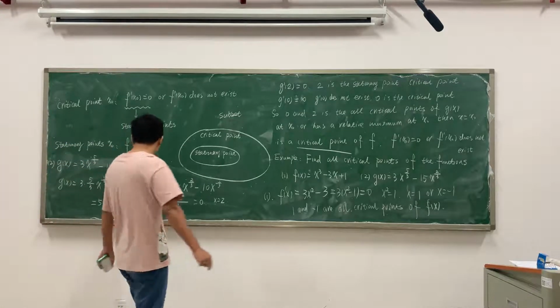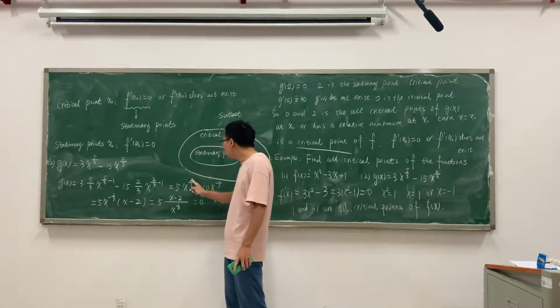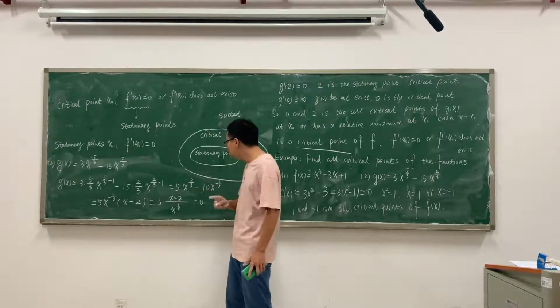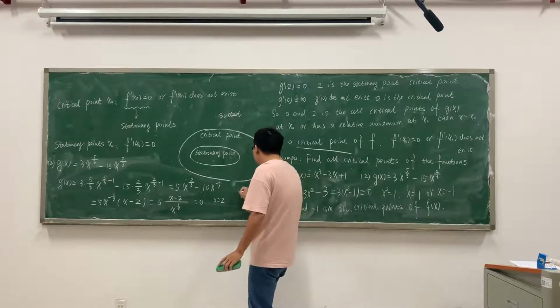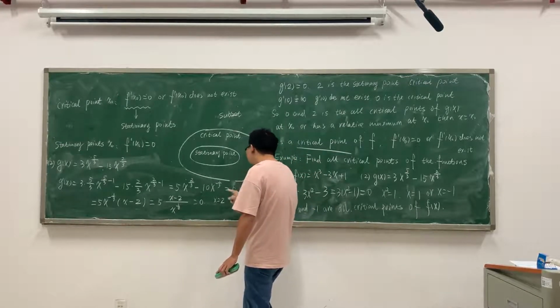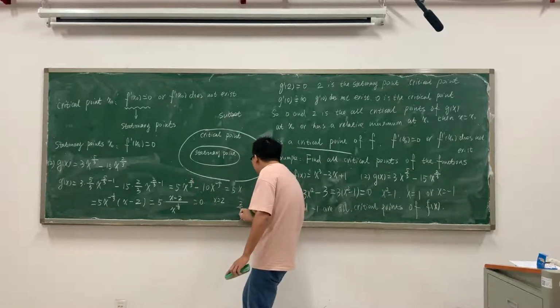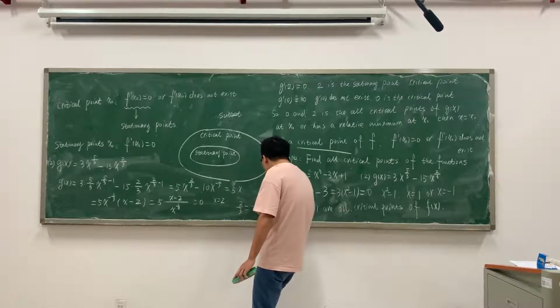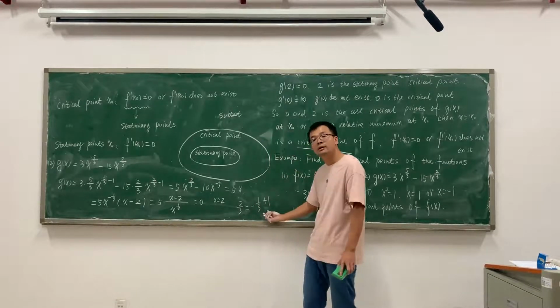Now, actually, we can see here x to the power 2 by 3. We can rewrite it. 2 by 3 actually equal to minus 1 by 3 plus 1. They are the same.